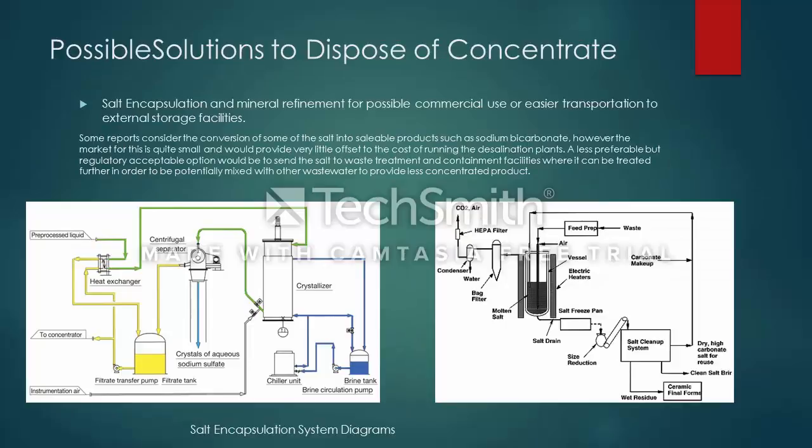From my research so far, some methods which I believe are feasible include salt encapsulation technology, which can refine the mineral to a form which can then be used for other purposes. An extremely important factor in this, however, is investigating at which point is optimal to extract brine from the storage facilities if they are used, at which point they can be stored or disposed of elsewhere or converted to a refined crystallized form using mechanical crystallization systems.